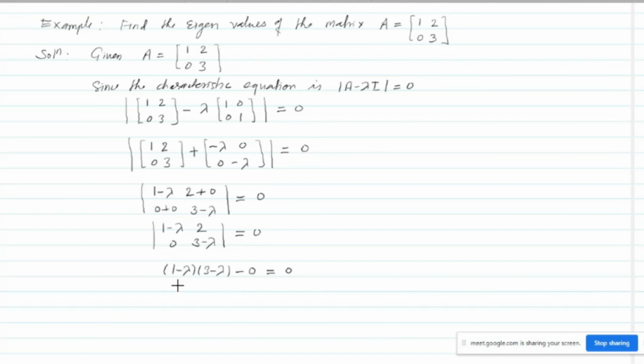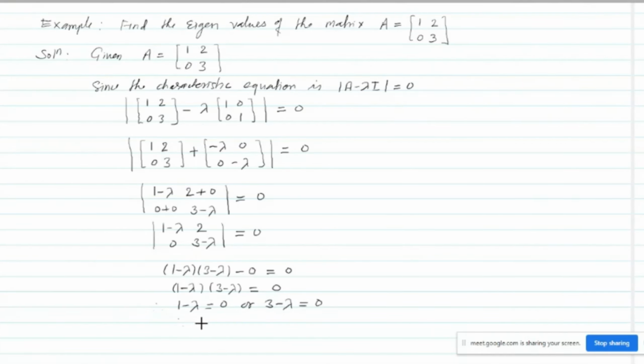So we have 1 minus lambda into 3 minus lambda, and this equal to 0.